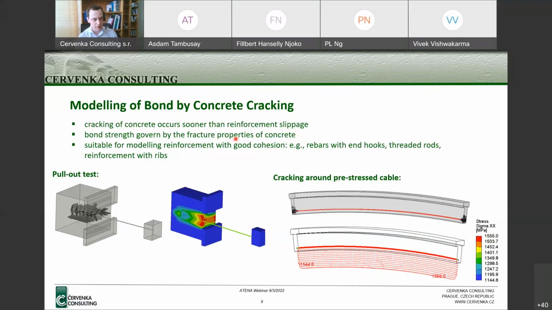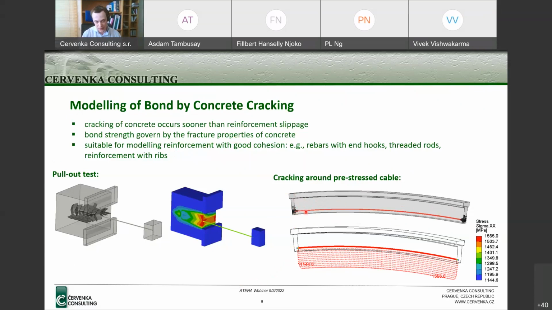This is common, as you know, in some seismic areas, or for example if I have a threaded rod inside concrete, or also in many cases this will be the case for common ribbed reinforcement. Here you can see two examples of such modeling. One is a pullout test, and one is a pre-stressed concrete beam.